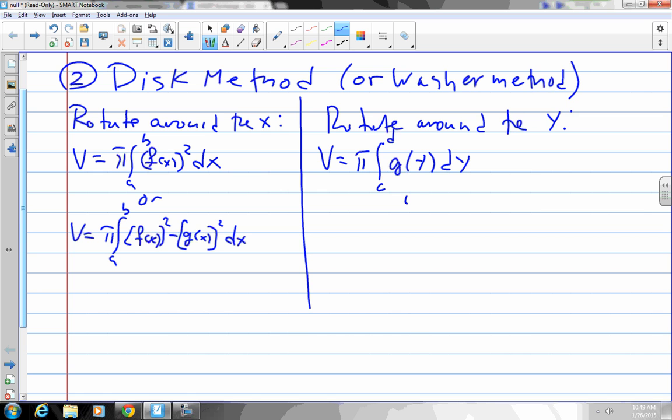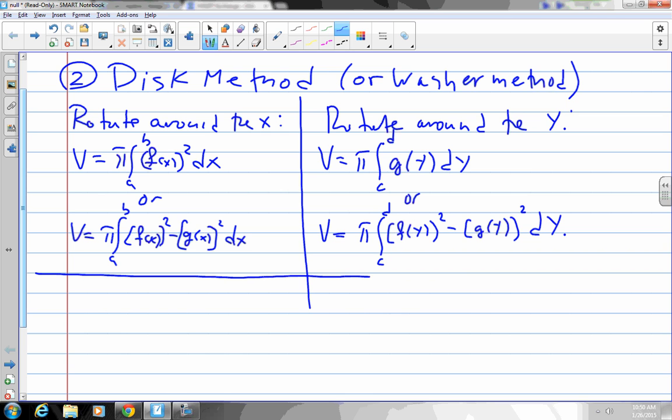Or if there is a hole in the middle, if it's bounded by two curves, it's pi integral from c to d, I'll just call them f and g, f of y and g of y, dy. So that was the disk slash washer method. So I think that's section 7.2 maybe?